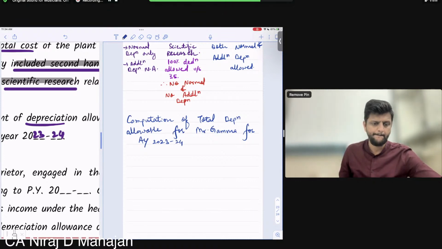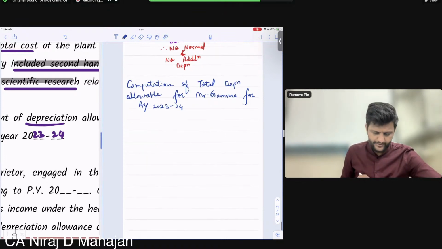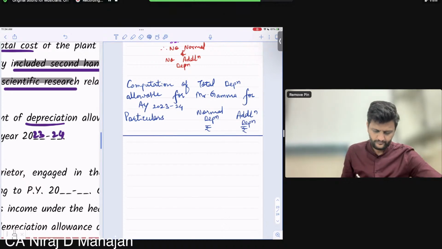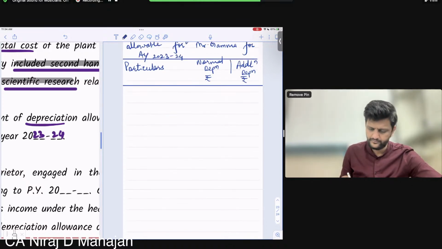Fine. Particulars. Normal depreciation rupees, additional depreciation rupees. Fine till here? Can we go ahead?